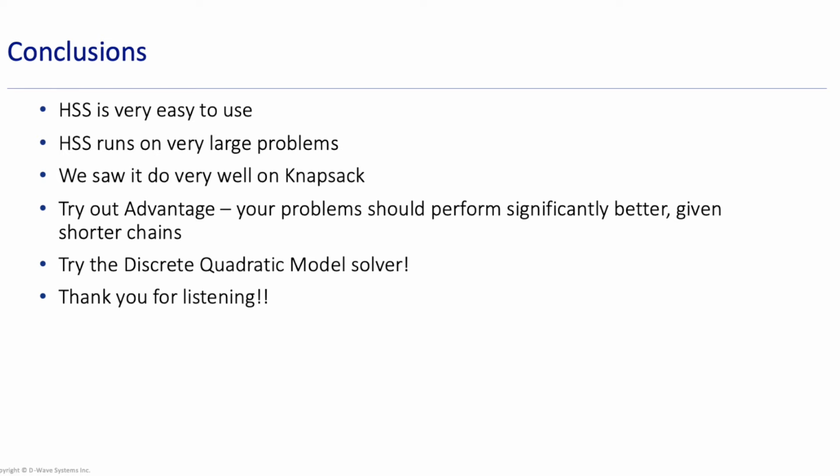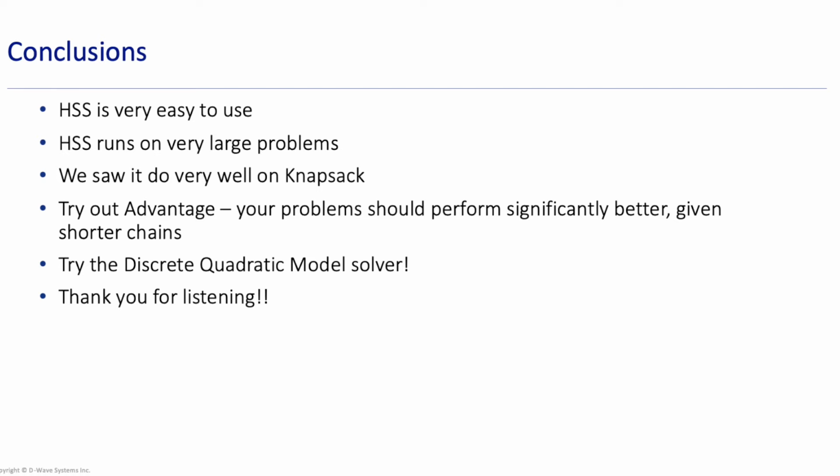Please try out Advantage. Your problems should perform significantly better given the shorter chains and all the other engineering work that went into this. As we like to say, a million Josephson junctions for something that didn't even exist until the mid-70s. Pretty cool.